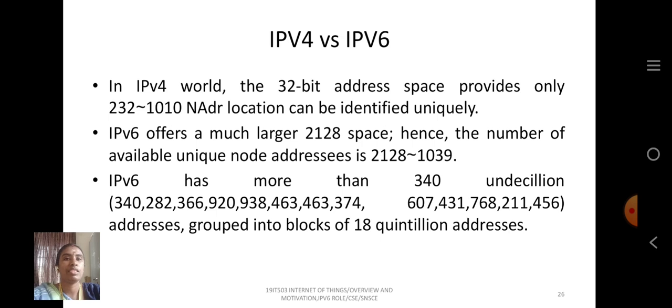But IPv6 offers a much larger 2^128 space, hence the number of available unique node addresses is 2^128, approximately 10^39, and IPv6 has more than 340 undecillion addresses.